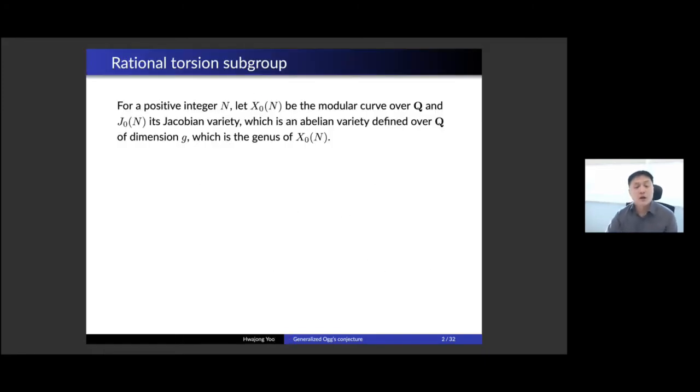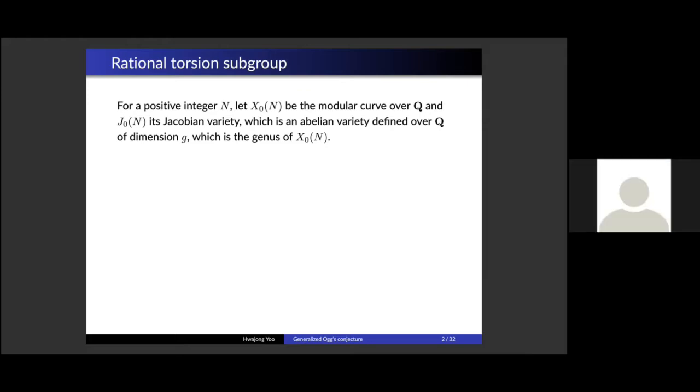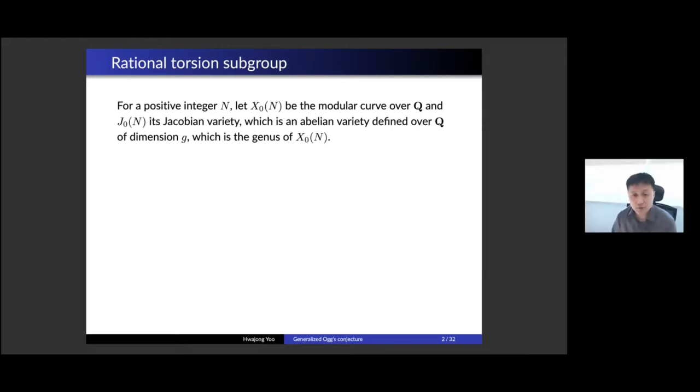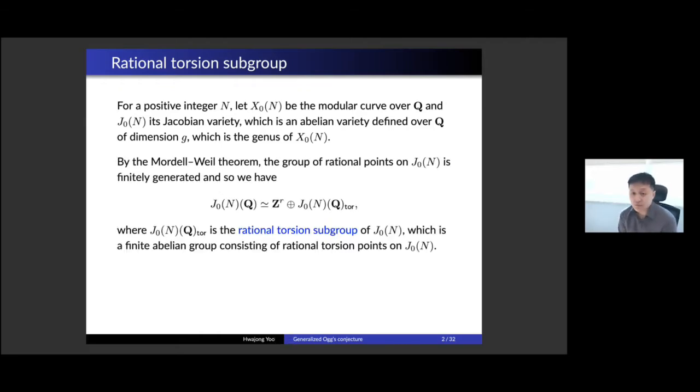Okay. First, let n be a positive integer and X_0(n), as before, is the modular curve over Q. And J_0(n) is the Jacobian variety, which is an abelian variety defined over Q. By the Mordell-Weil theorem, the group of rational points is finitely generated.